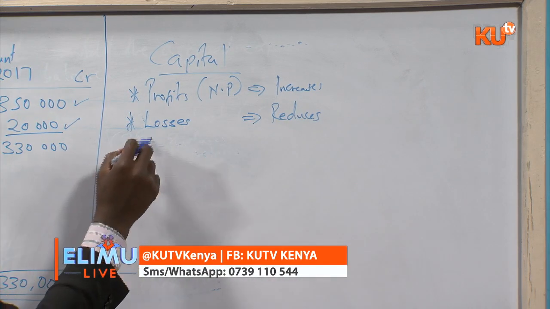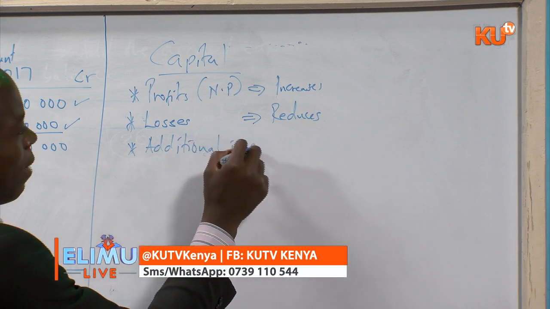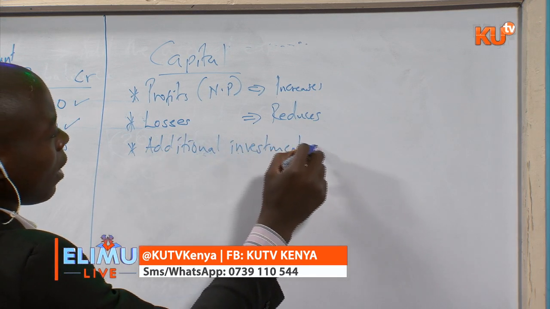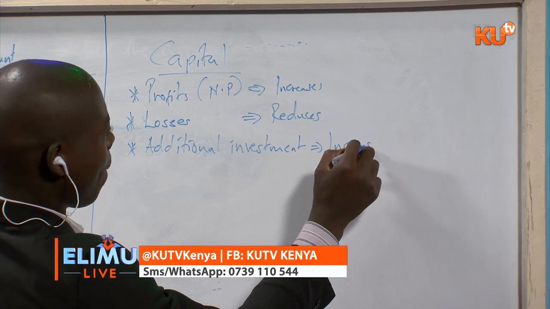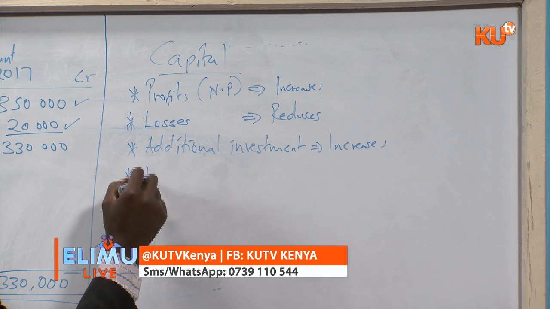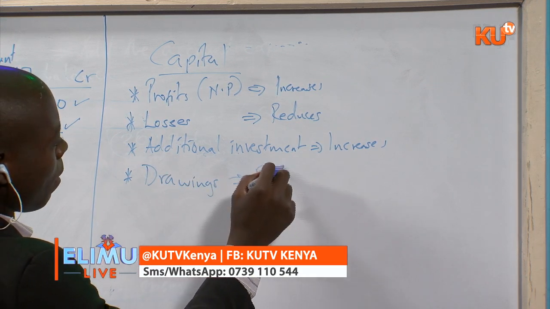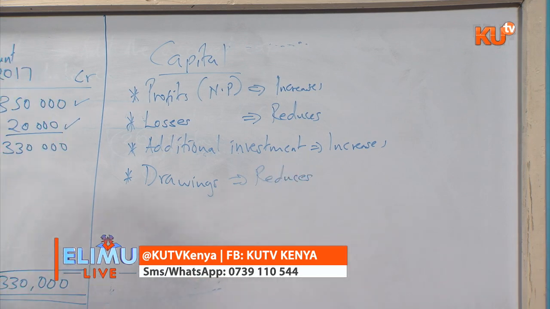Number three, additional investments. Additional investments have the effect of increasing capital. And then number four, we have drawings. Drawings reduce capital. So those are factors that affect capital.